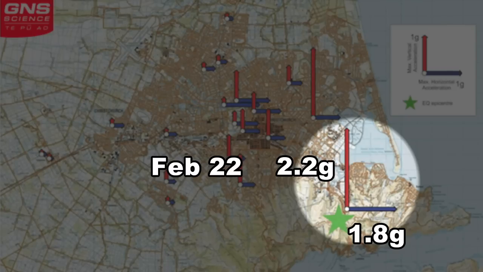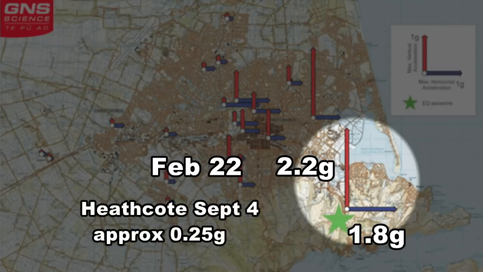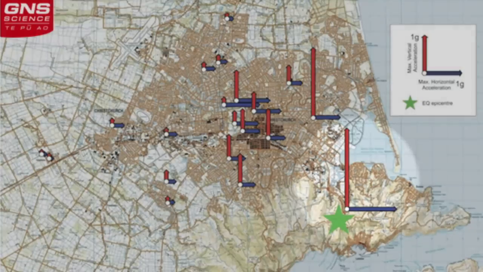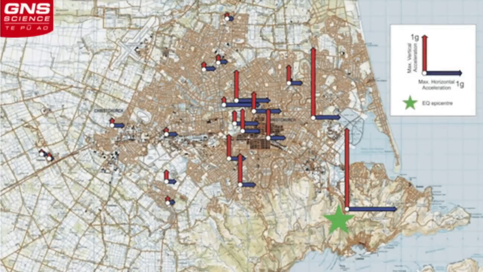Contrasting that to September, in the Port Hills, we were looking at something around 0.25 g. So we're looking at about 10 times greater acceleration in the Heathcote Valley. And since the Port Hills are very, very close to the Heathcote Valley, one can assume that the peak ground accelerations experienced in the Port Hills is somewhere within that magnitude. So we're talking very high ground accelerations.